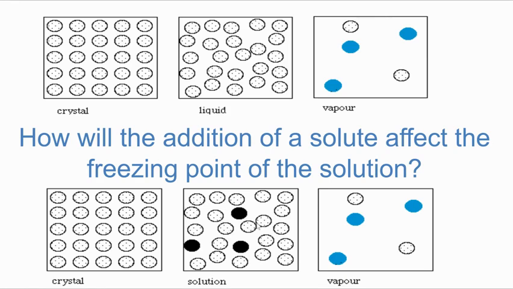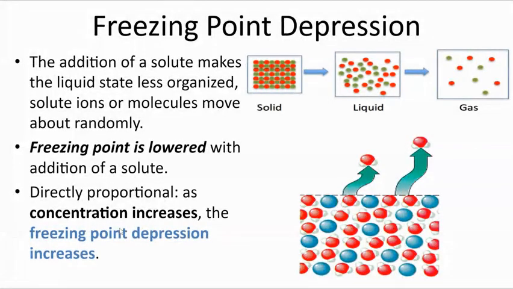And when a molecule freezes, it freezes in a nice crystalline orderly arrangement. And so that disruption of the molecules, slowing them down, lowers the temperature by which they freeze at. We call that the freezing point depression.